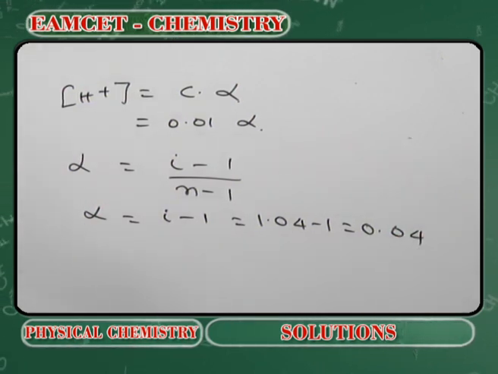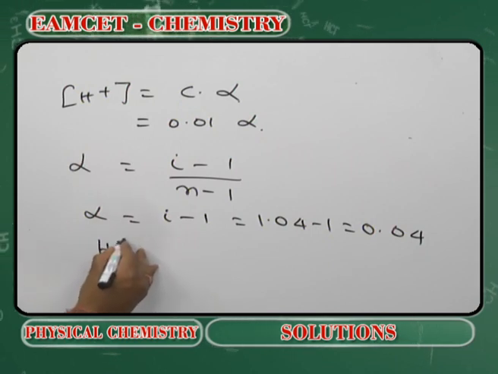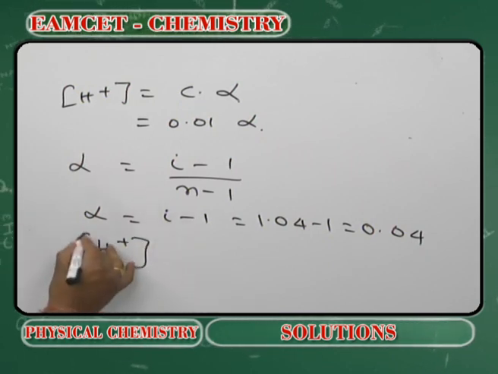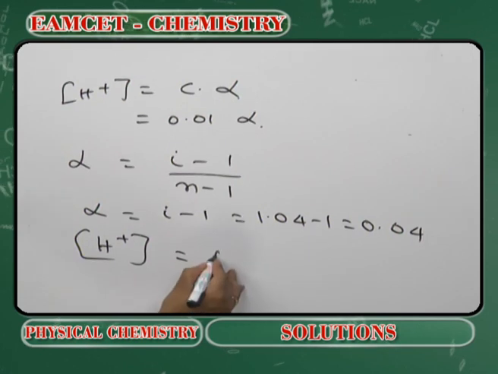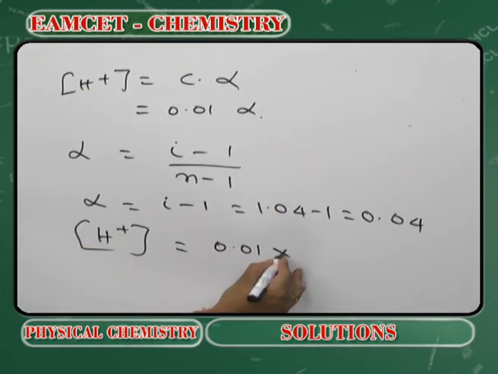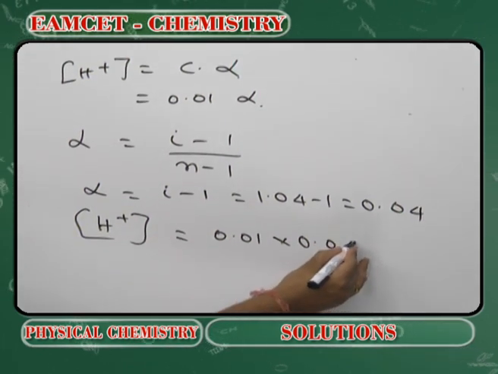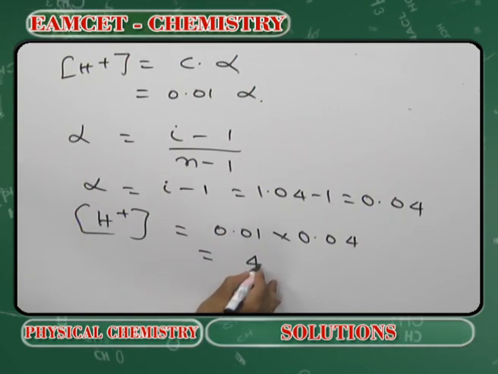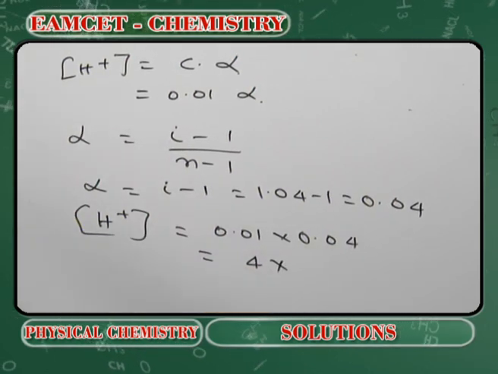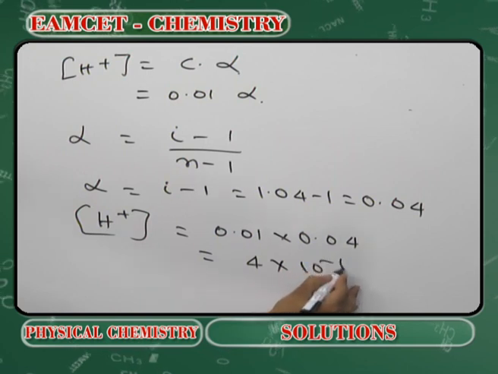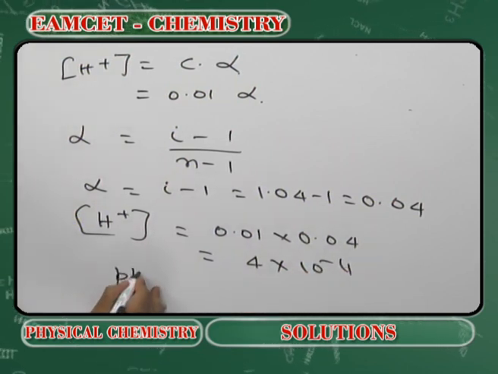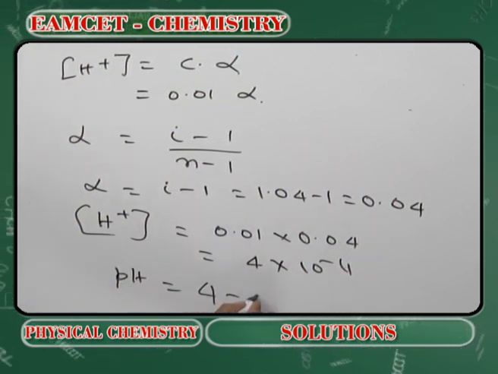Alpha is equal to 0.04. Now what is the H plus ion concentration? C into alpha. What is C? 0.01. What is alpha? 0.04. It comes to 4 into 10 to the power minus 4. And what will be the pH value? 4 minus log 4.